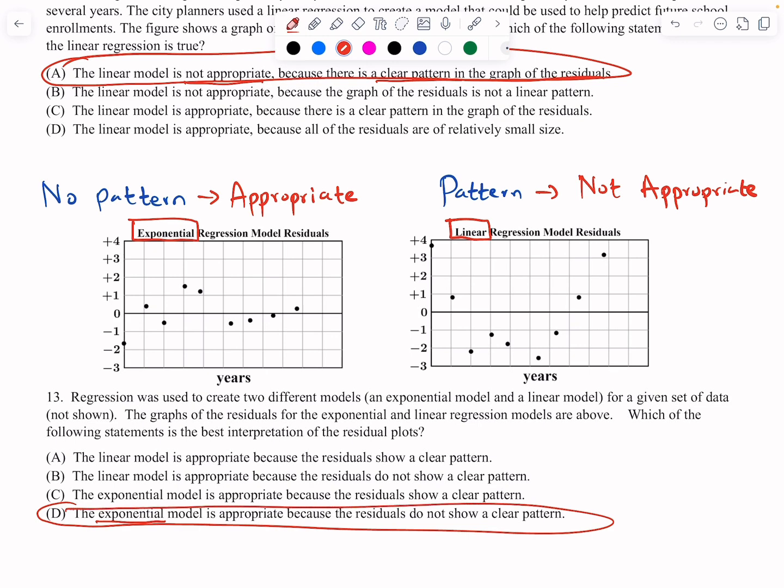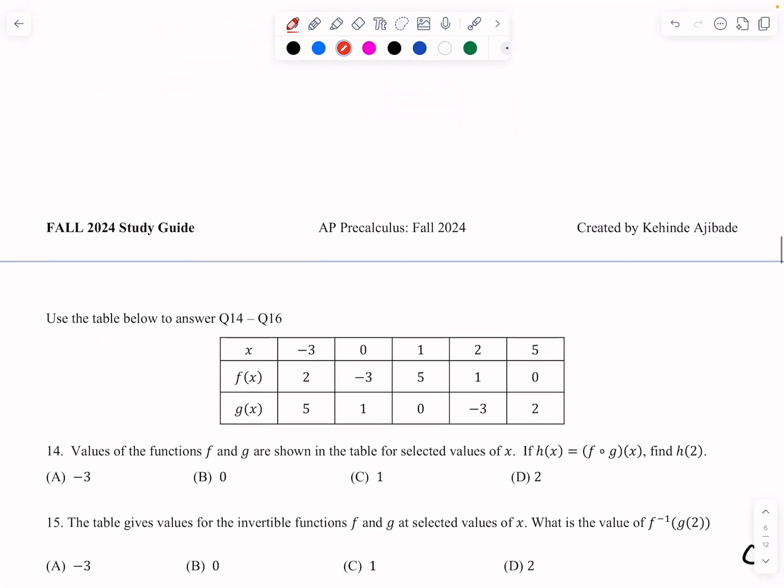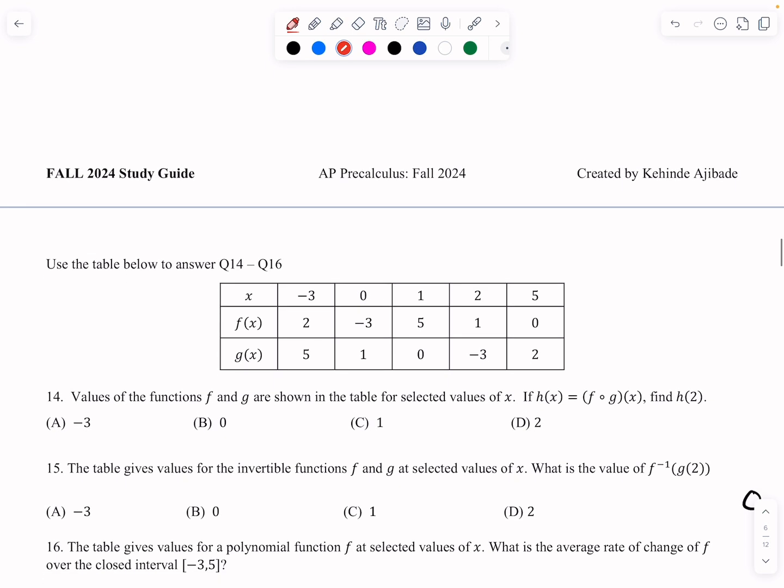Now let's go to question 14. We have to be very careful on question 14 because we have a table, and it's saying that values of f and g are given in the table for selected values of x.